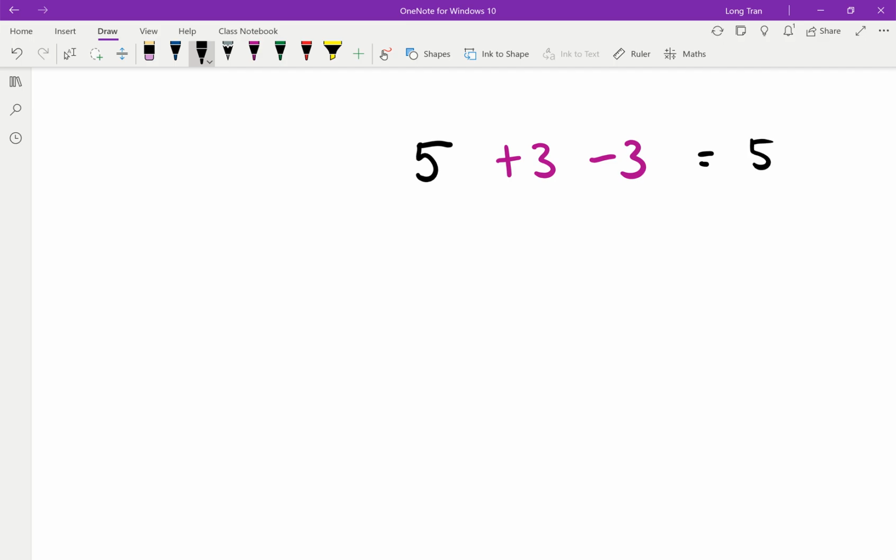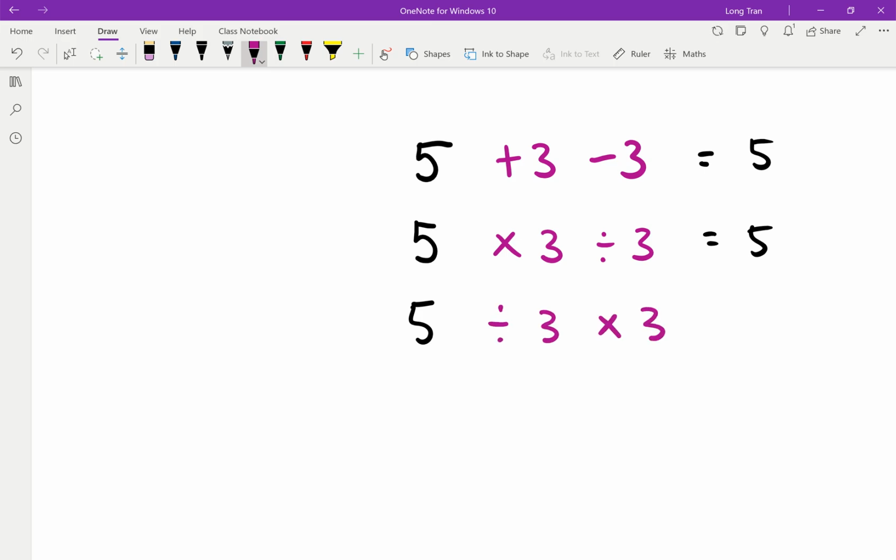If I use 5 again, and I said I am going to times 3 and then divide 3, what do I get? 5. If I use 5 and I say divide 3 and then times 3, what do I get? 5. There's a pattern here, and you picked up on this really quick, true? But this is where it's interesting.